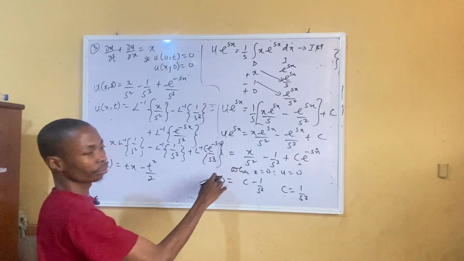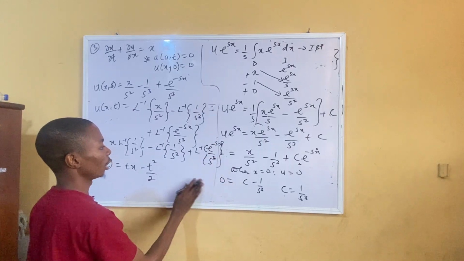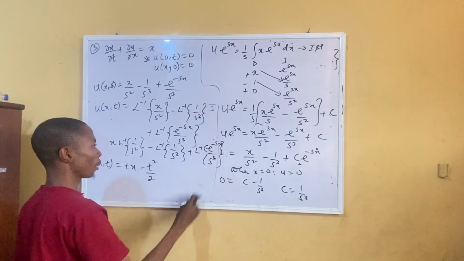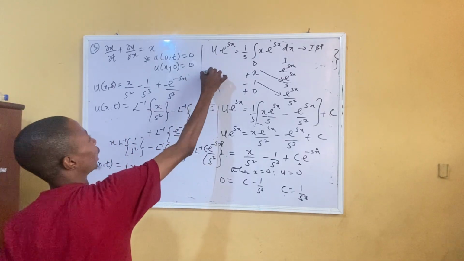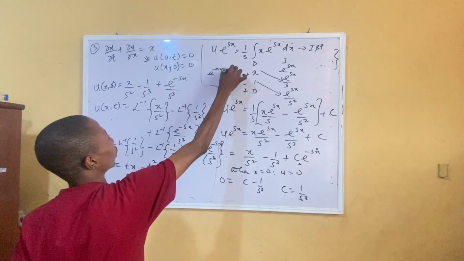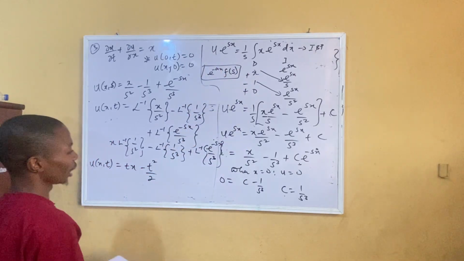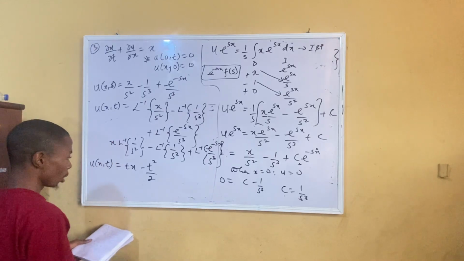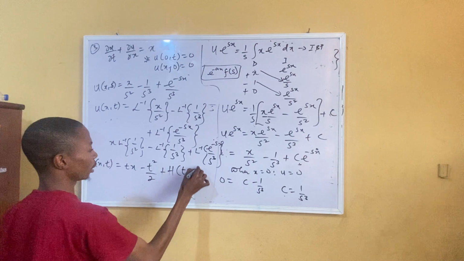So this is what? Unit step function. Just go back and check the unit step function in the Laplace transform. So the Laplace inverse of something like this, e to the minus as times f of s. Go and check how to find the Laplace inverse of a unit step function. So that will be another series. So this one will be h of t minus x.